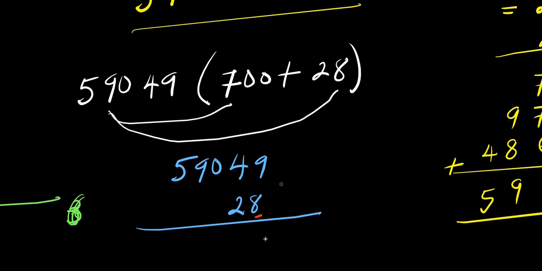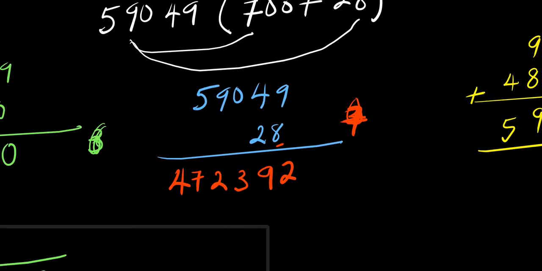So we start 8 times 9, 72, 2 carry over 7. 8 times 4, that is 32 plus 7, 39. 9 carry over 3. 8 times 0, 0, 0 plus 3, we have 3. 8 times 9 again, 72. 2 carry over 7. 8 times 5, 40. 40 plus 7, we have 47.